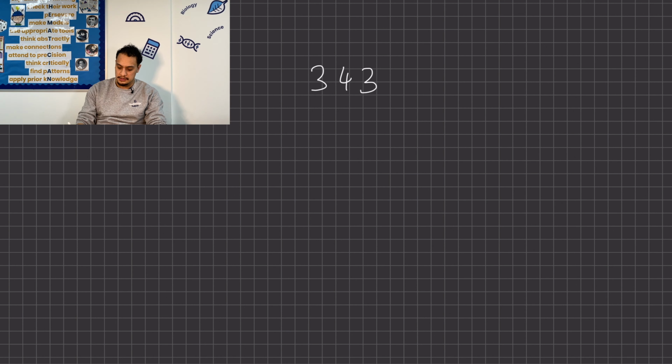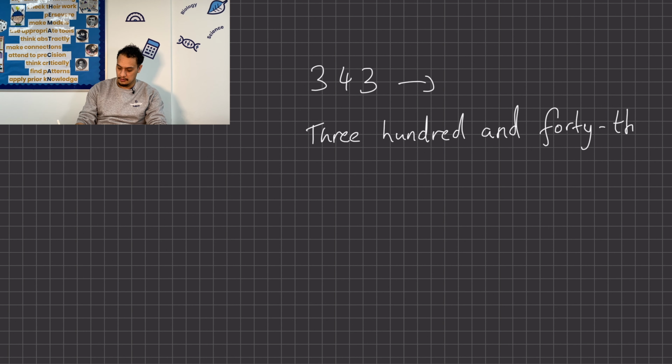So let's do 343. As a cardinal number, it will be 300 and forty-three. Now, the only thing we need to change to make it into an ordinal number is to address this 3 at the end.